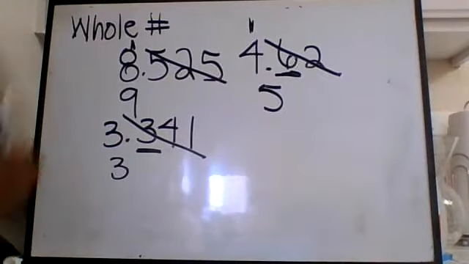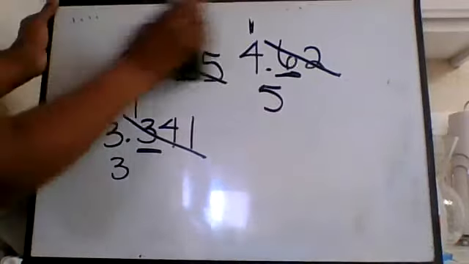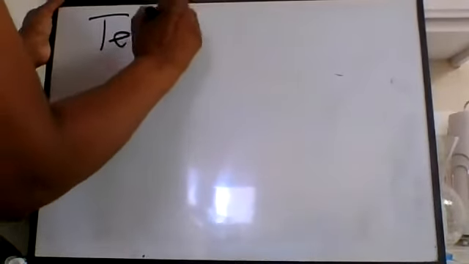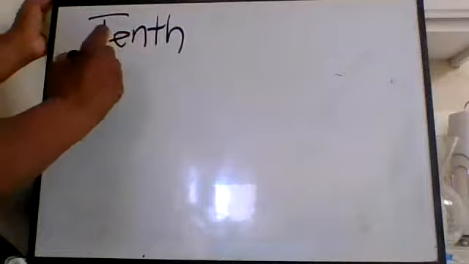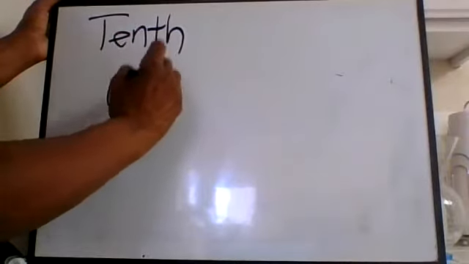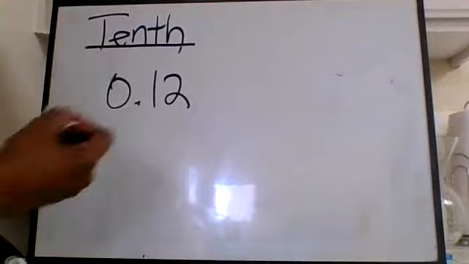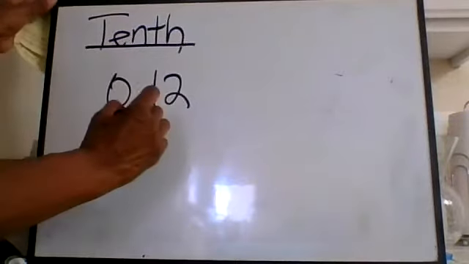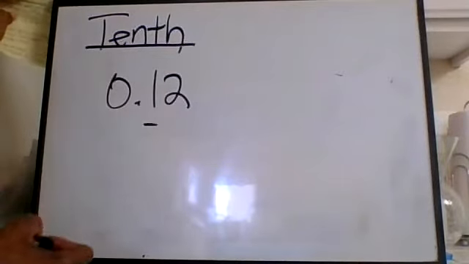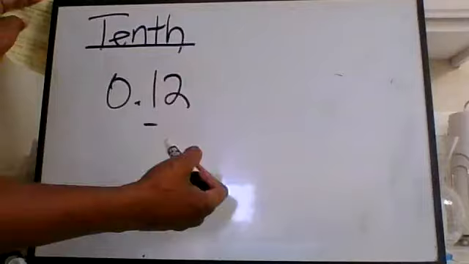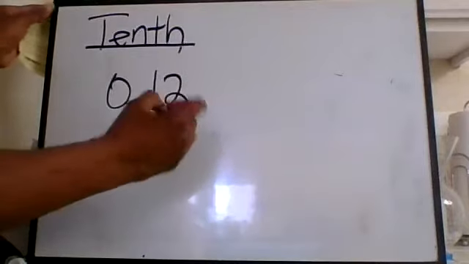Okay? Now let's try rounding to the nearest tenth. Let's see, 0.12. When you're rounding to the nearest tenth, here's the tenths place, but our focus is on the place that's next to it, which is the hundredths place.